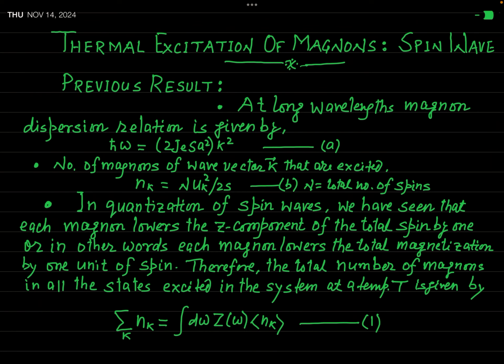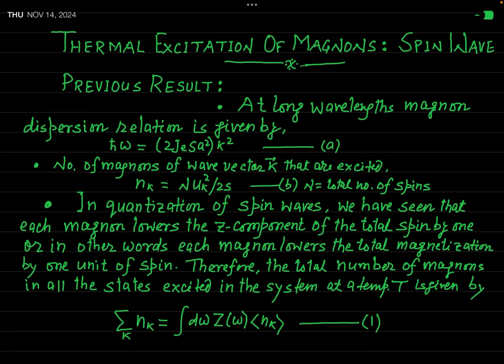Actually, this lecture will need some of the results which we have discussed in our first two previous lectures. So you should remember those results for understanding the ideas developed in this lecture. I have mentioned here the two important results which will be needed in the discussion of thermal excitation of magnons.